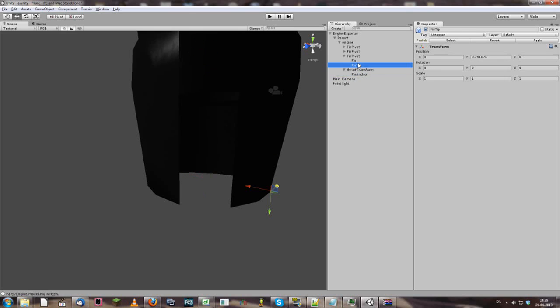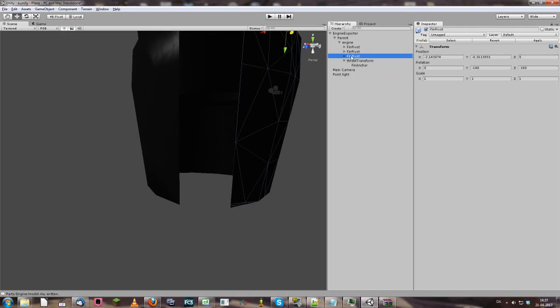So if you fiddle around with the position of fin tip and fin anchor a bit, you can get some pretty interesting behavior. As for finding the names in the module: the thrust transform is found in the usual way, with gimbal transform name being its name, and the fin anchor is found by fin anchor name.